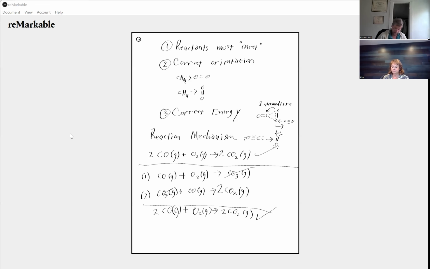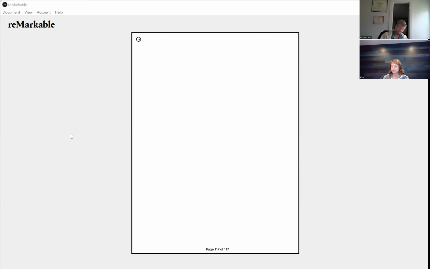It has to participate or it does nothing. We write the catalyst usually above the arrow in a chemical reaction. That means that it participates, but it is not consumed.